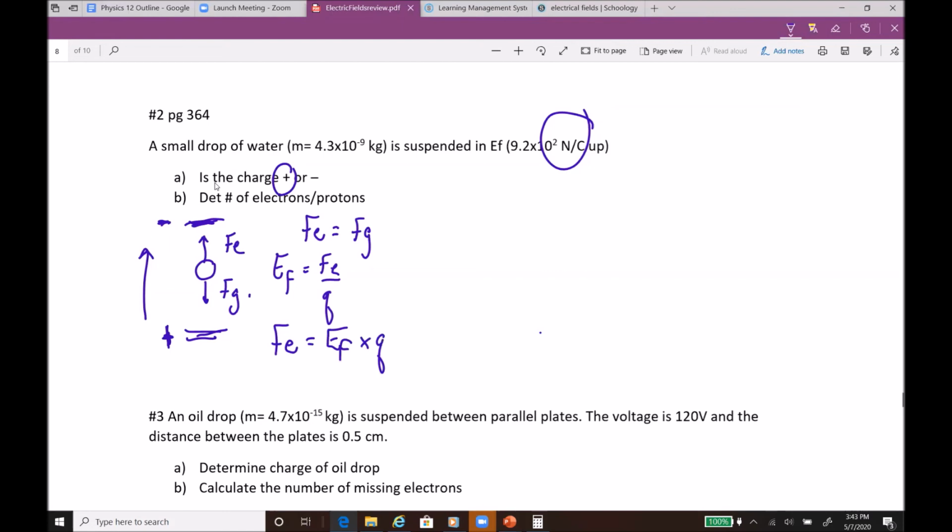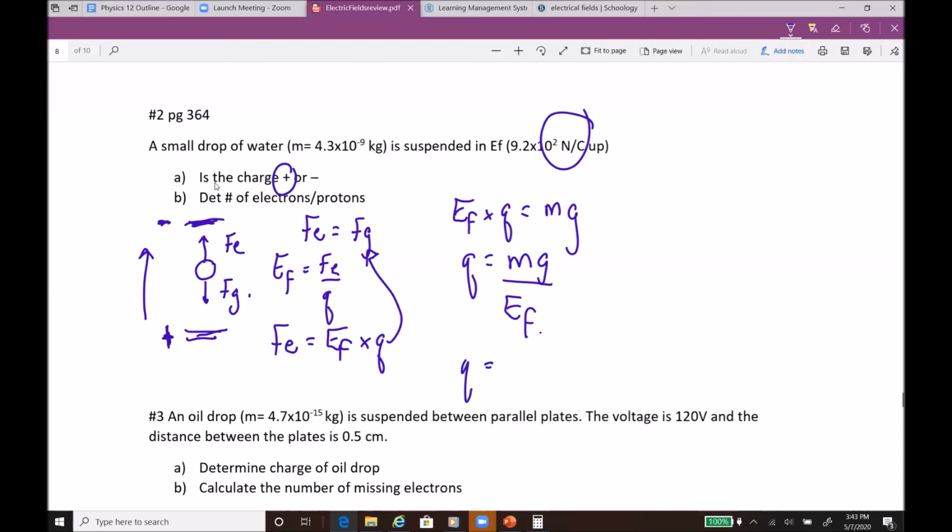So now we can plug that in: the electric field times the charge equals the mass times g. We can then rearrange for Q: mg over E is Q.